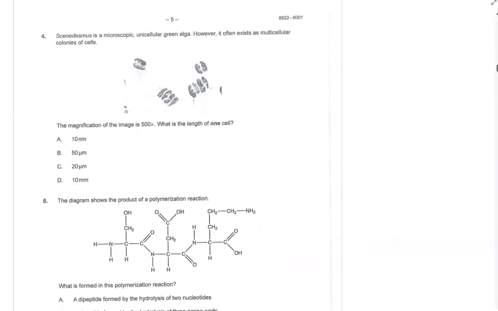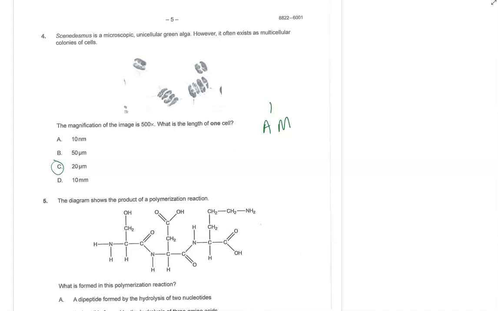Question number 4, looking at these unicellular green algae. The magnification, what's the length of one cell? So that's I. I can't measure this because it's on the screen, not on your paper, but the answer was C, 20 micrometers. That's not very helpful.